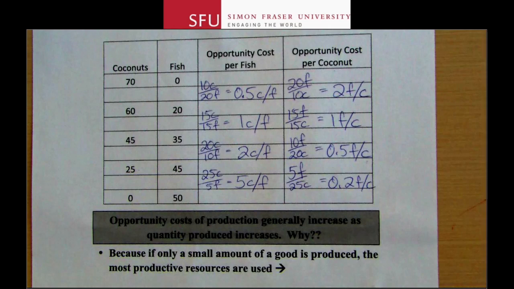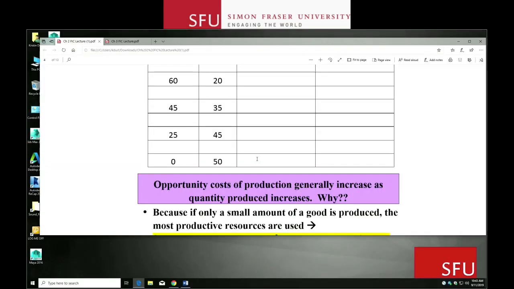The idea is that you start your production with the most productive resources, or you could say the least costly, because it is least costly when it is the most productive. In this example, it would be starting fish production with the best, fastest fish catchers, and because they're fastest, they are least costly because they don't give up as much coconut picking time.